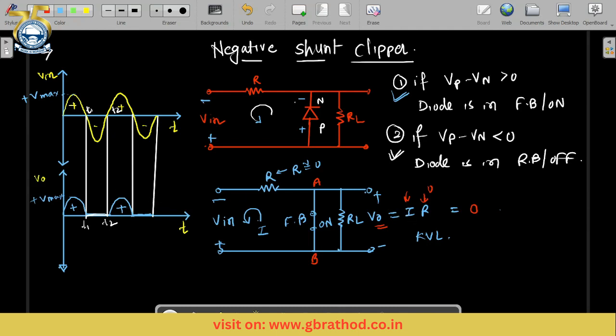Likewise, as the title says, the negative portion of the waveform is removed at the output side, and it is a shunt one, so the diode is in shunt with the load resistance. I hope you understood the negative shunt clipper. In the upcoming videos, we will see the biased negative and positive clippers. Thank you very much.